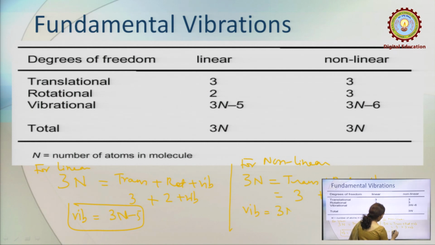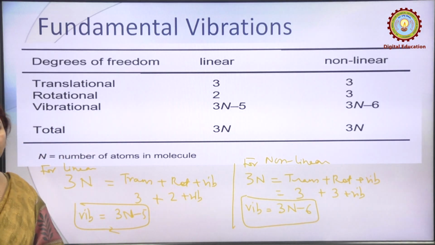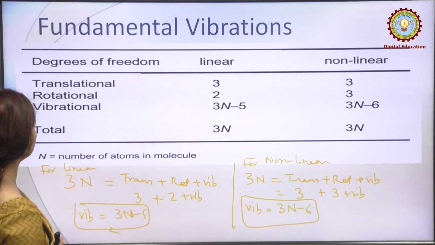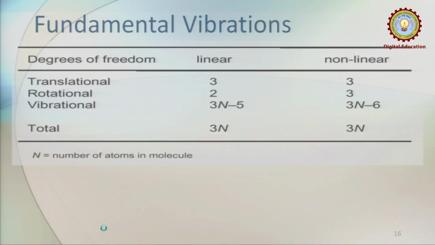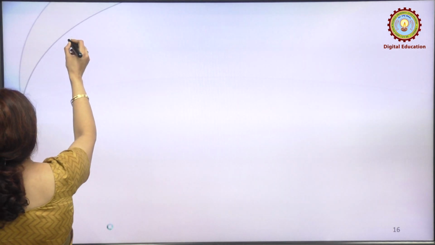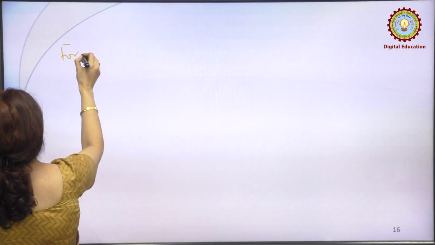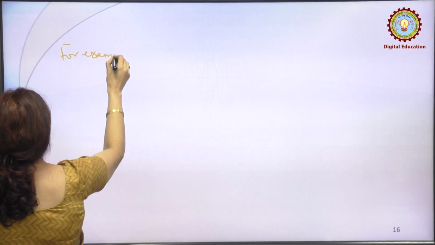The formula becomes 3n minus 6, which is shown in this particular slide. With the help of these formulas for linear and non-linear molecules, we are able to calculate the number of fundamental vibrations in any molecule.